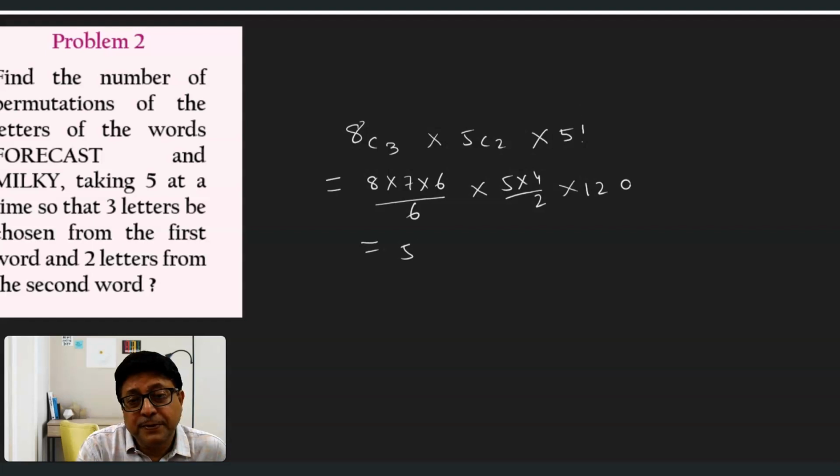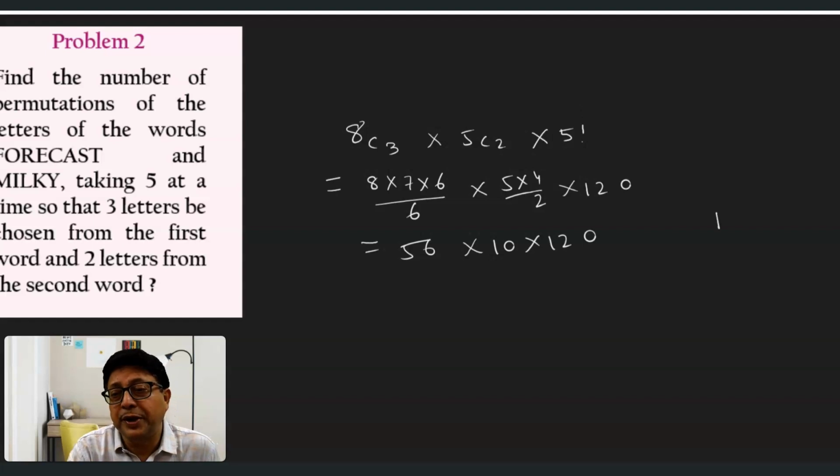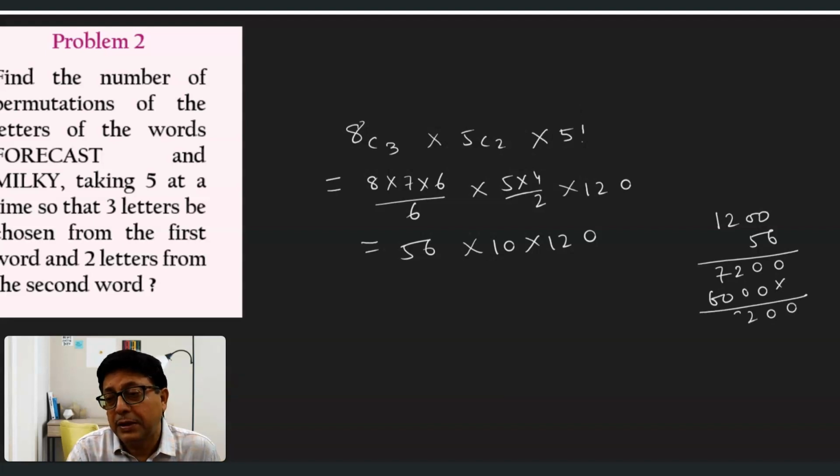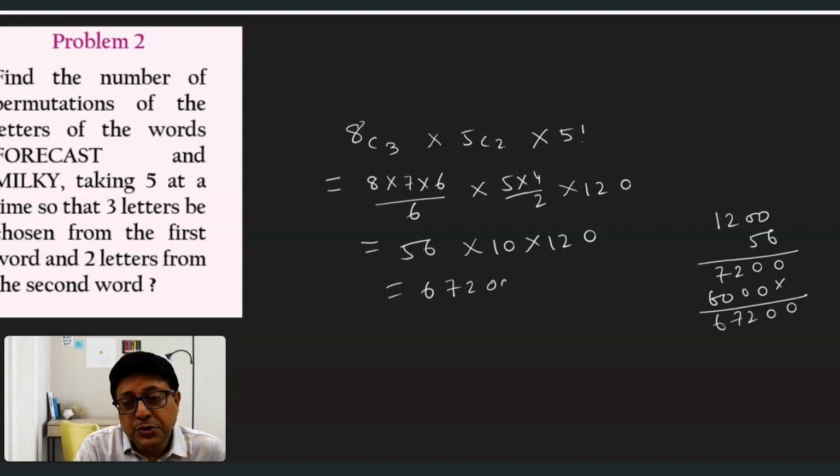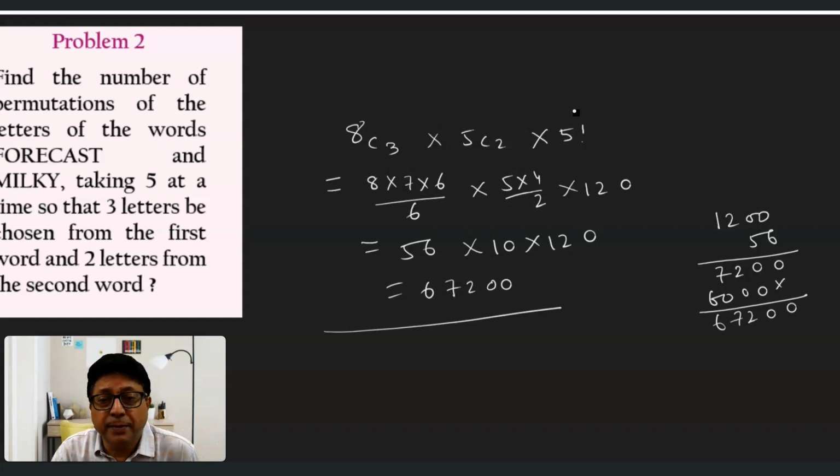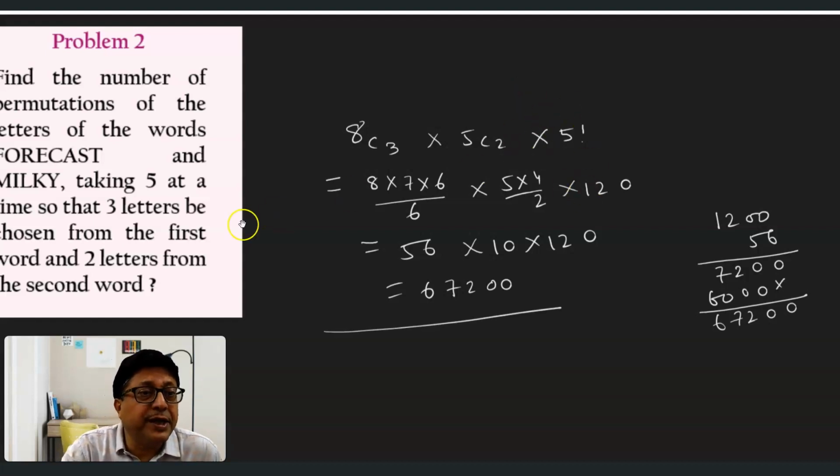So the result is 56 into 10 into 120. So 1200 into 56, which is going to be 67200. These many words can be formed by taking 3 letters from the word forecast and 2 from the word milky. You have arranged after selection.